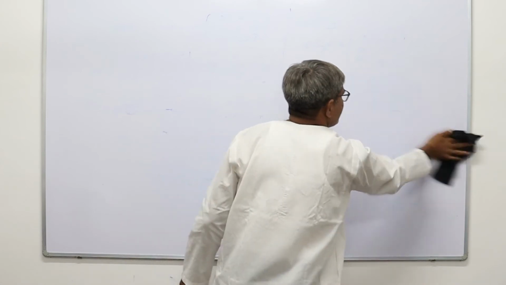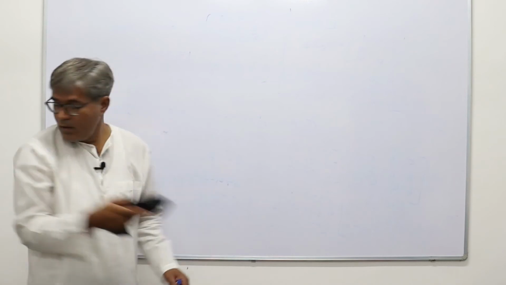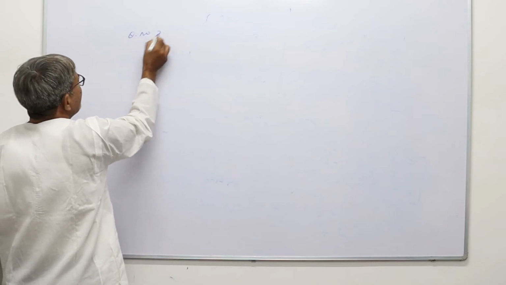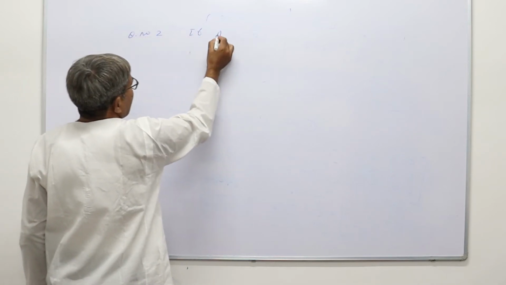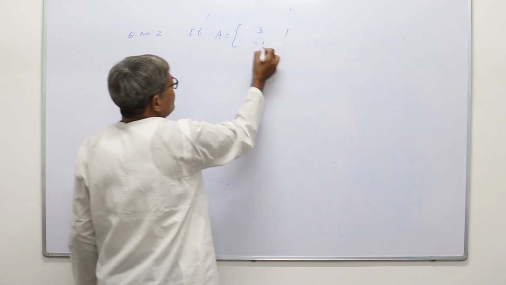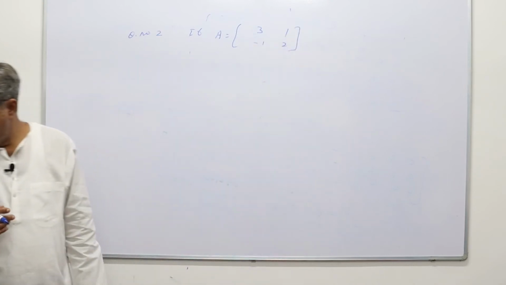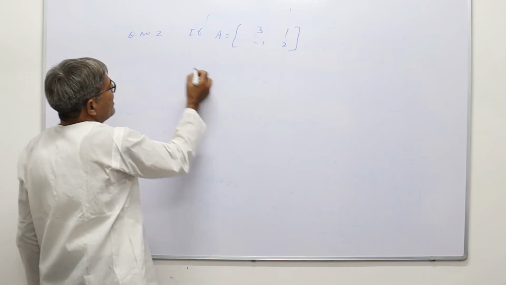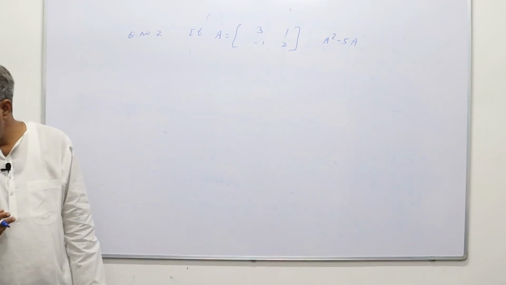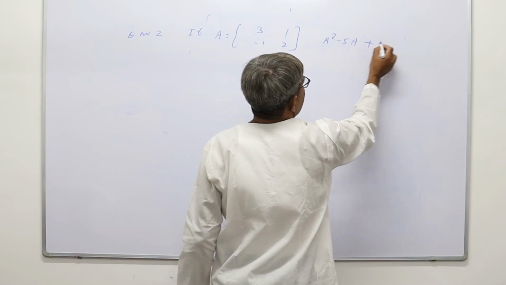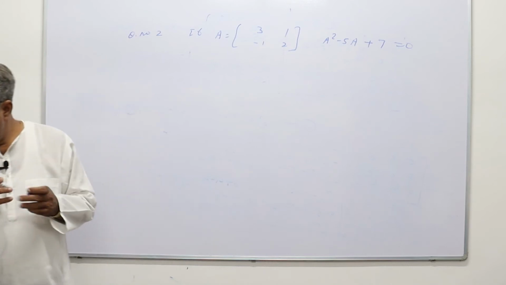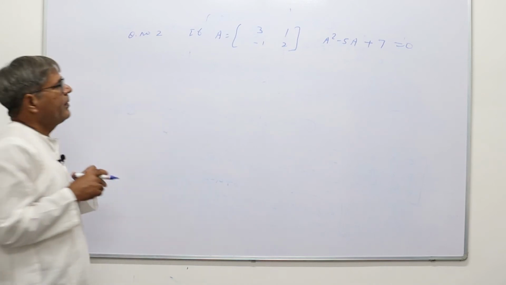So the question is, question number two: if the given matrix A equals 3, 1, minus 1, 2, and A square minus 5A plus 7 is equal to 0, then we have to prove this.